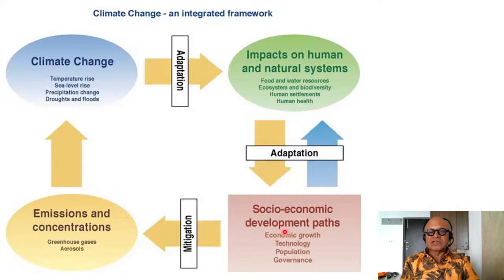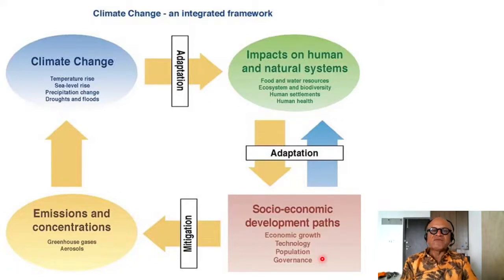So in that sense, the socioeconomic development paths of economic growth, technology, population, and governance could not be dealt with, or policies couldn't be made for them, without worrying about impacts on human and natural systems of every policy, just like every technology we develop and implement, population growth and so on.